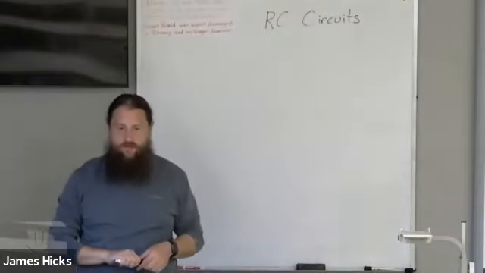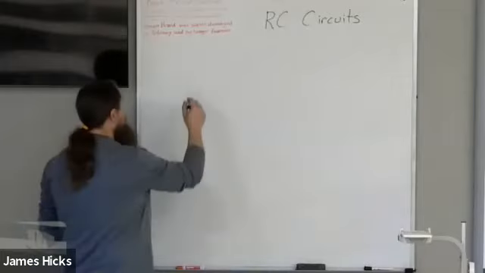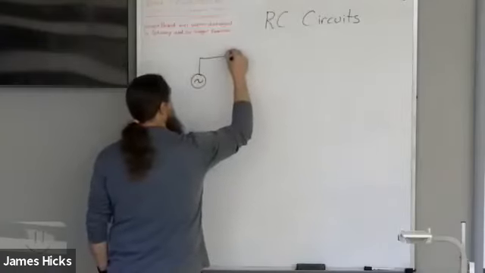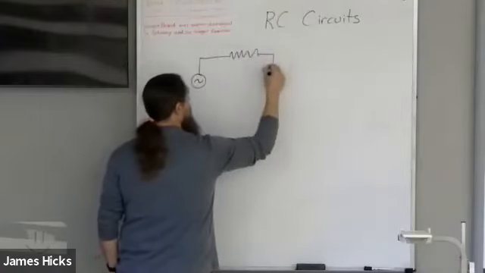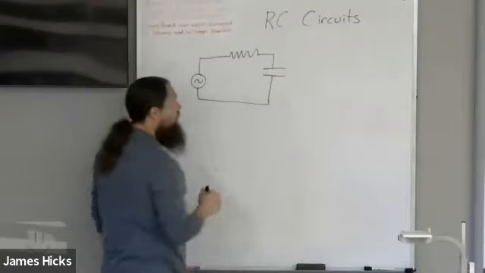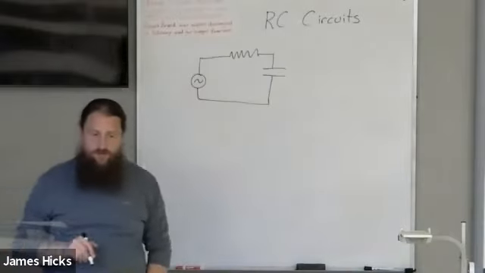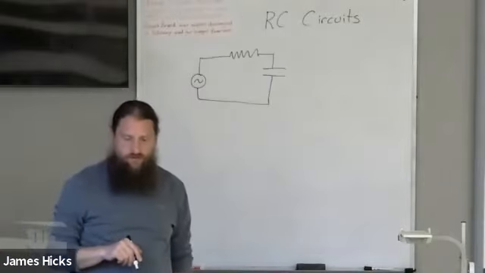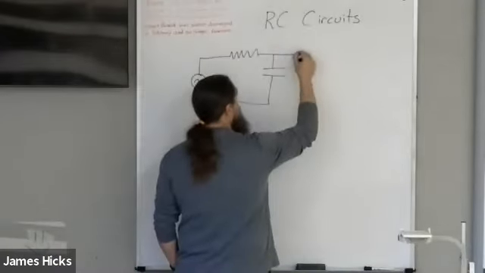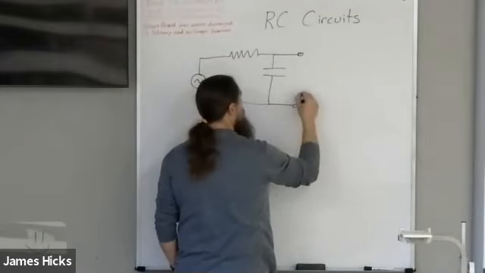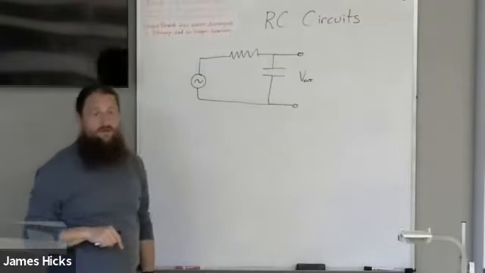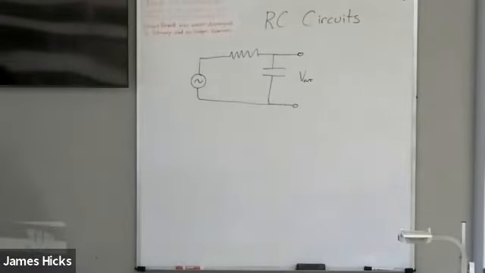So the first circuit I want to think about today is a resistor and a capacitor in series with an AC voltage source. And for right now, I'm interested in the voltage across the capacitor.